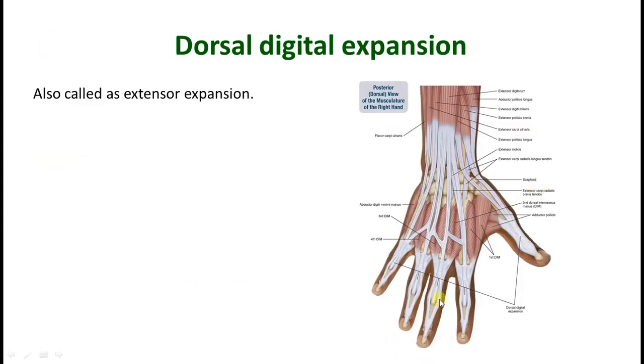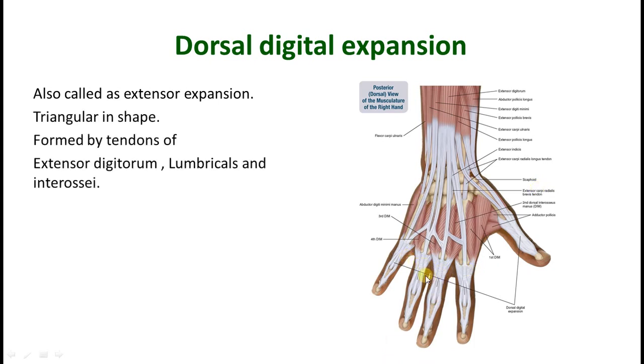Here you are able to see this is actually the dorsal digital expansion, also called the extensor expansion. Triangular in shape, formed by the tendons of extensor digitorum and joined by extensor digiti minimi for the little finger tendon, and extensor indicis also joins them.